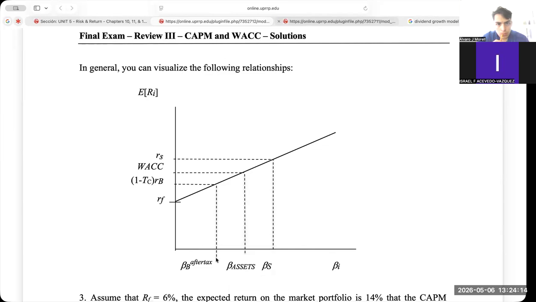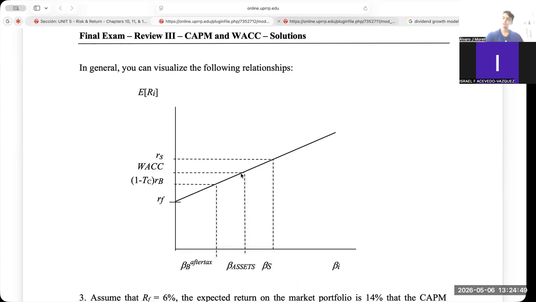Then the beta of after-tax debt we can get from what you guys got in store 3, the after-tax cost of debt, but then using the capital asset pricing model, you can get the beta of after-tax cost of debt. And then either you can do the weighted beta to find this, and that will then give you the WACC. Or what we did was I calculated the WACC first using the weighted average cost of capital calculation to get this.